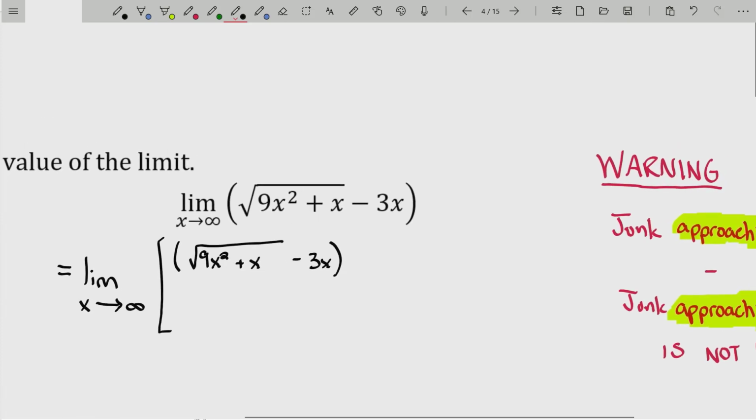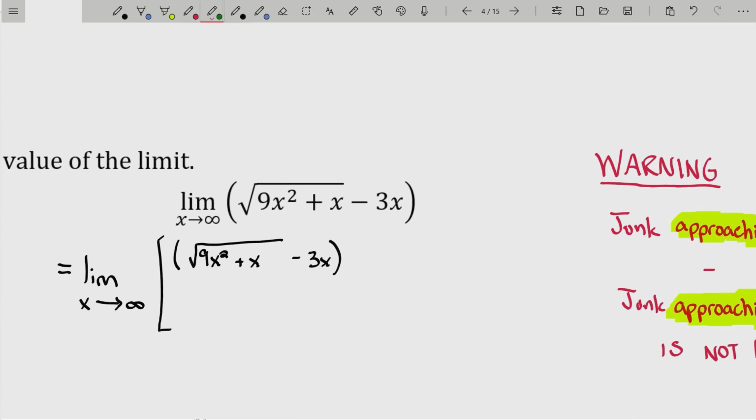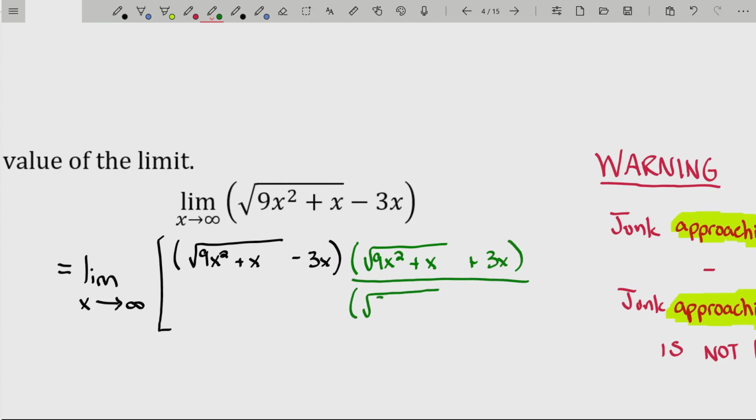You should do all of this within a limit. I usually have this problem when students have seen calculus before, and they had an instructor who allowed them to not write limits, that they just do all their algebra without limits. You need to do that with limits, period, because it's not correct if you don't.